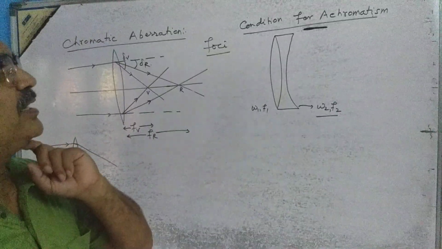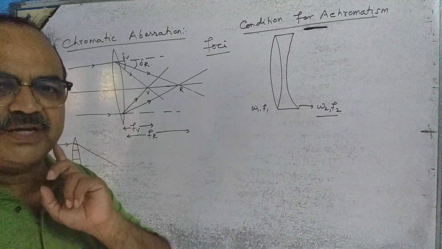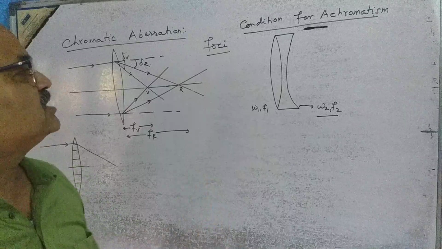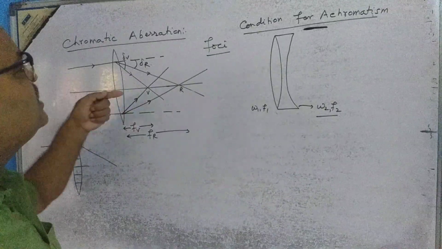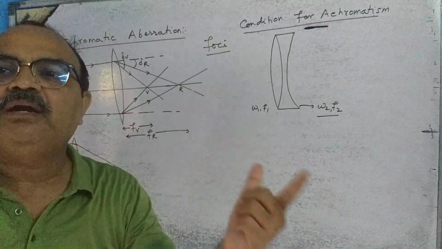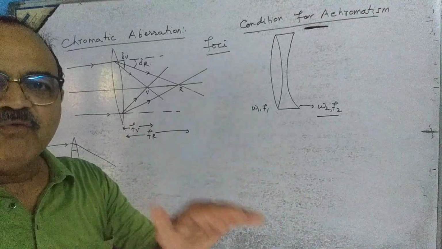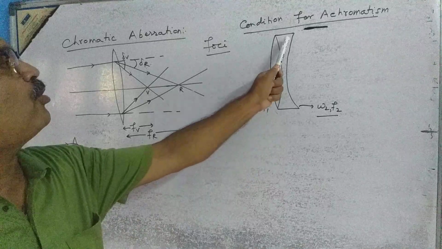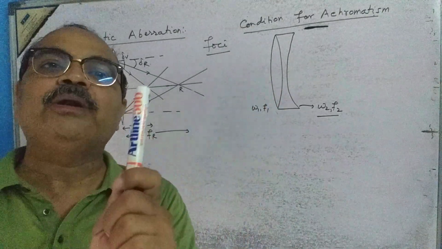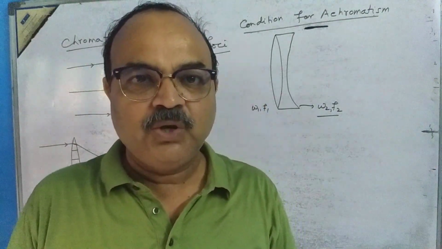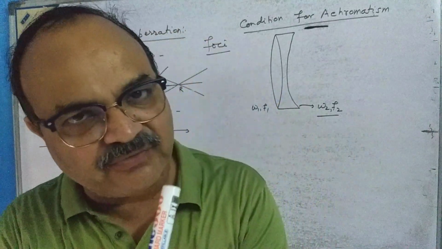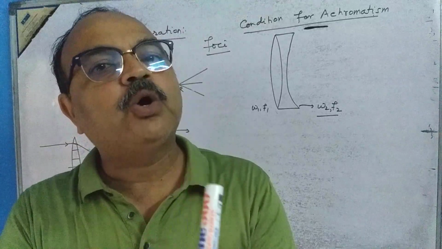Suppose a convex lens is suffering from this defect. To remove it, we have to place it in contact with a suitable concave lens.